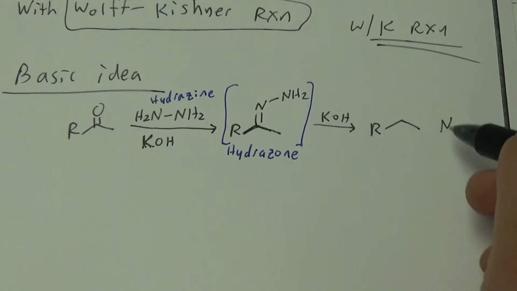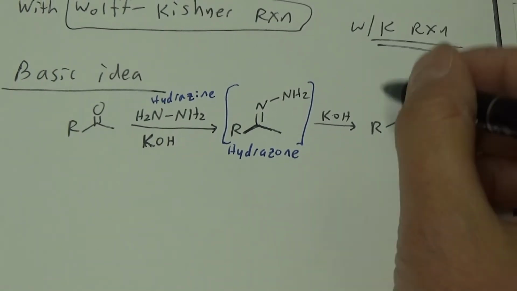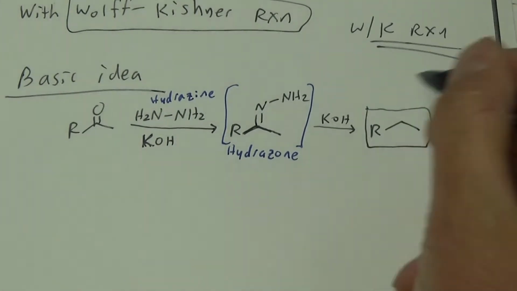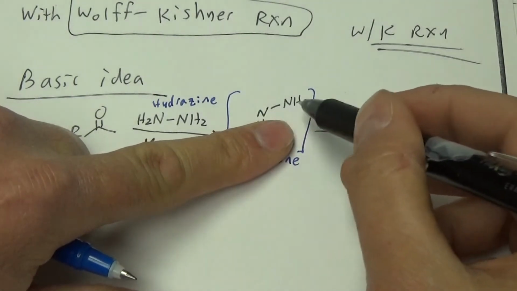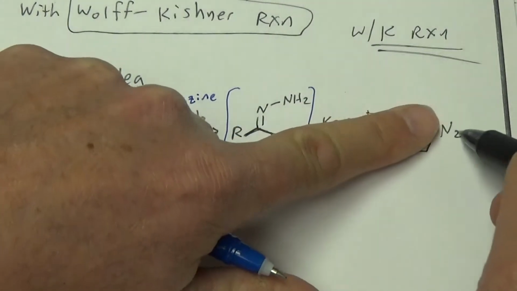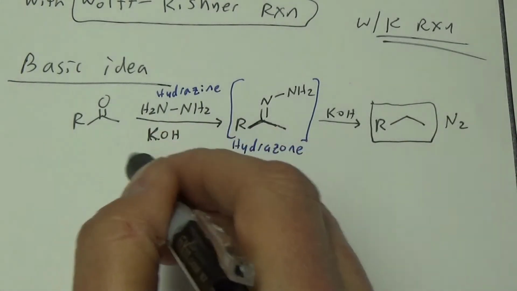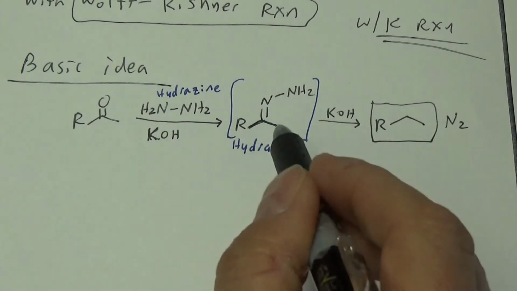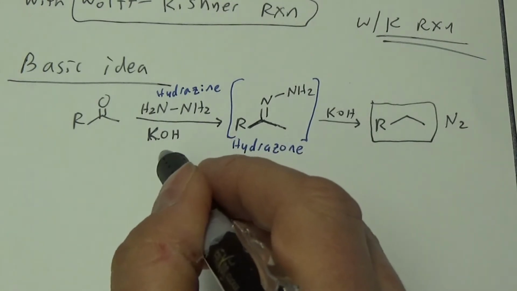That's a very nice byproduct because it's non-toxic. It's a pretty nice, happy byproduct. And it makes sense that two nitrogens would end up as two nitrogens, right? So, all right, we've got to show two mechanisms. We've got to show the first mechanism, which you kind of know, except the only difference is we're using base.